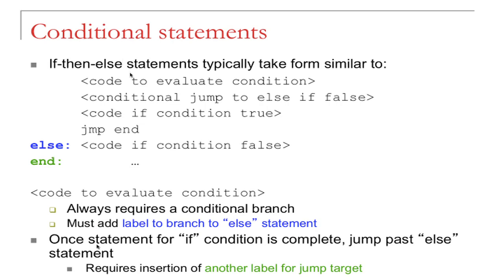Once the statement for the if condition is complete, the jump will pass the else statement. This JMP will jump past the else statement to the end. You don't have to use ELSE or END. You can use any label that makes sense, and you should use a more meaningful one than else and end here.